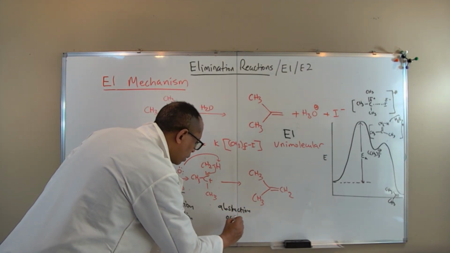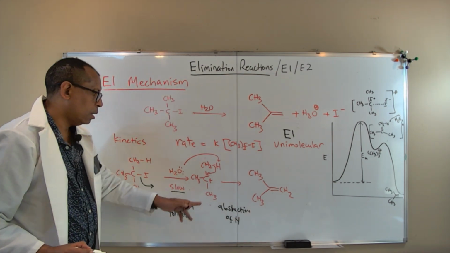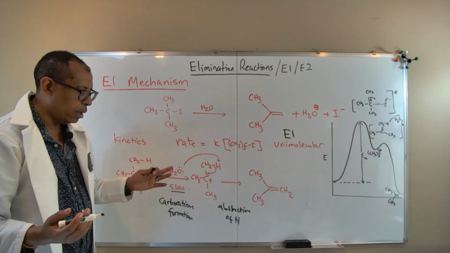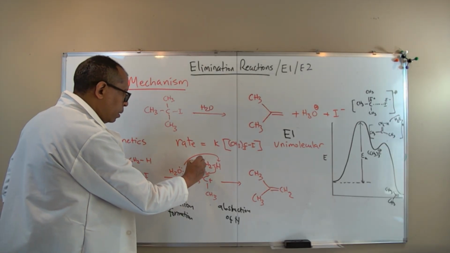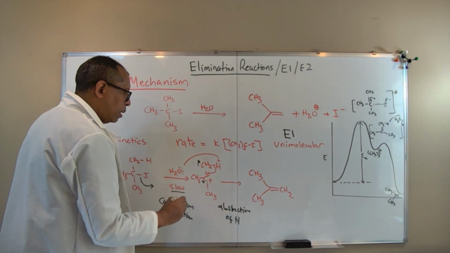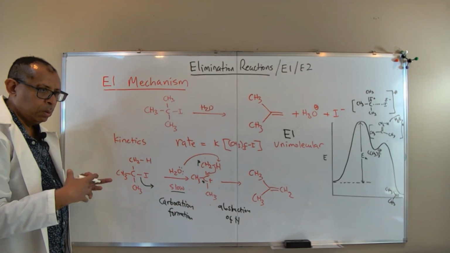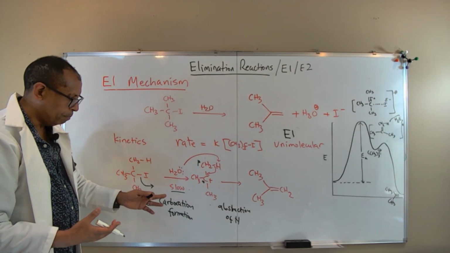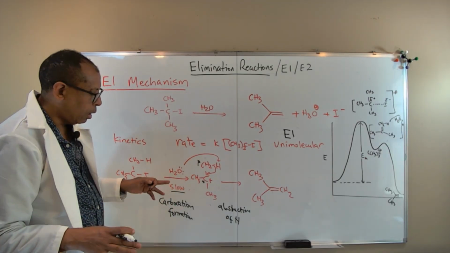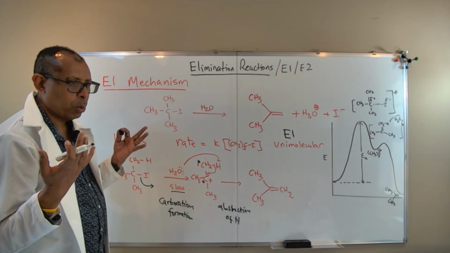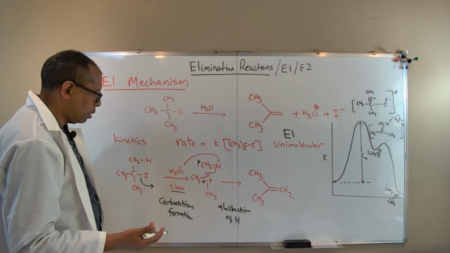That is the relatively acidic proton on the beta carbon; this is the beta carbon, this is the alpha carbon. From the alpha carbon you lose the halide to form a carbocation. From the beta carbon, now we are abstracting hydrogen, just as we did in the E2 mechanism.